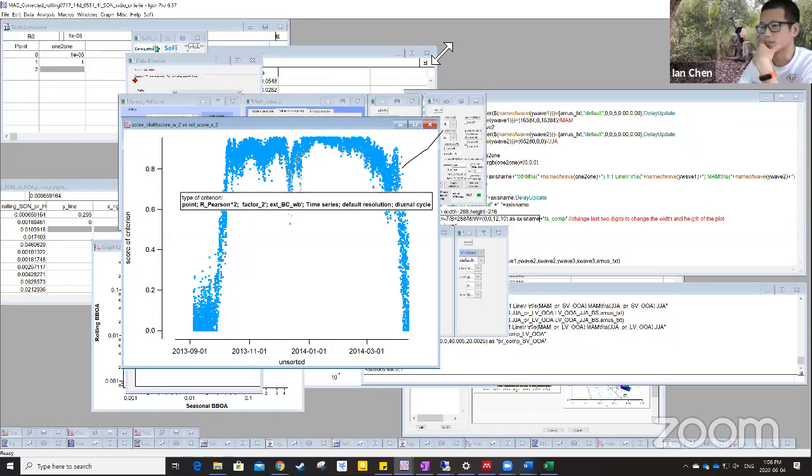Okay, so basically, I think it means that maybe the bootstrap is not sufficient.